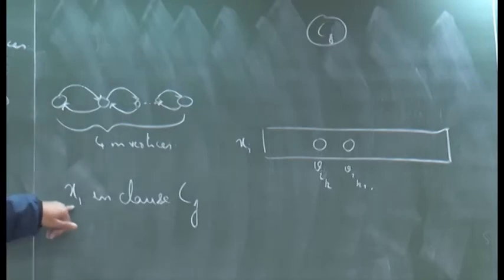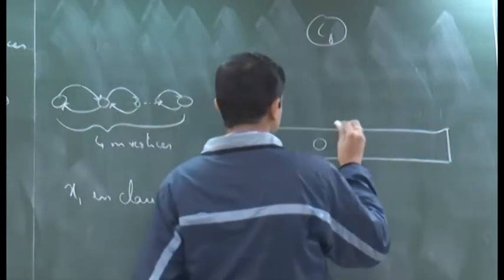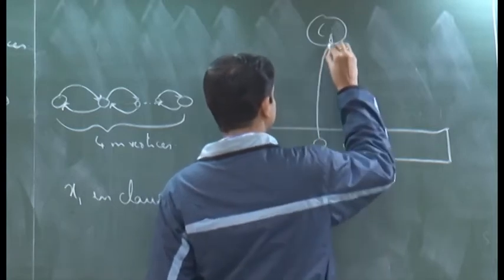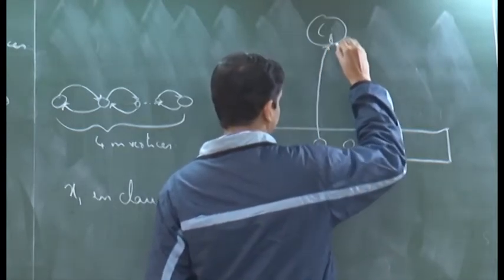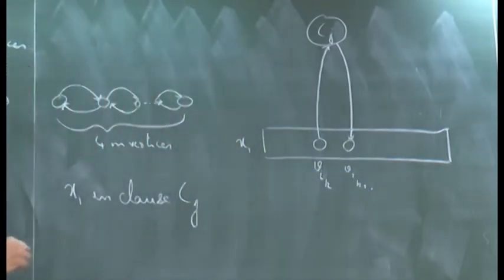If x I is present like this, then I put a connection from V I k to C j and from C j to V I k plus 1.